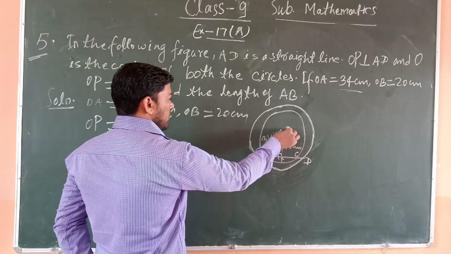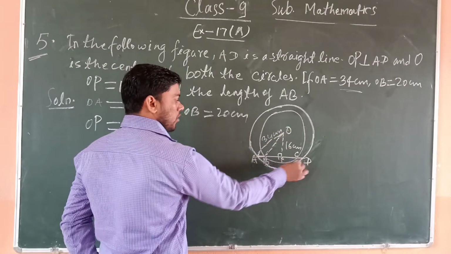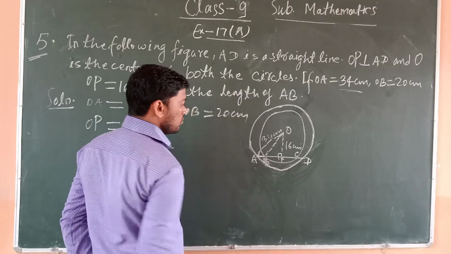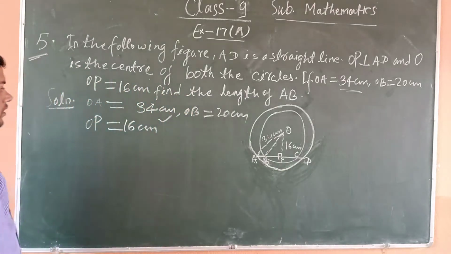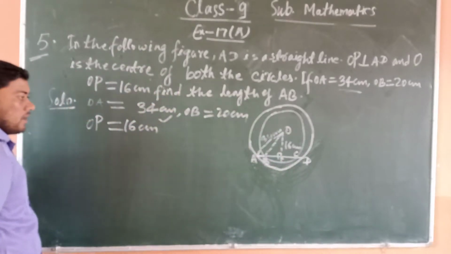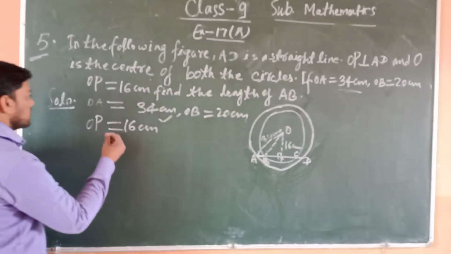You know the perpendicular from center to a chord bisects the chord. It means AP is equal to PD, and triangle OAP is a right angle triangle.